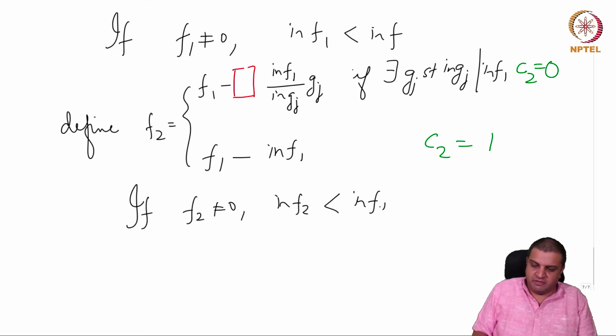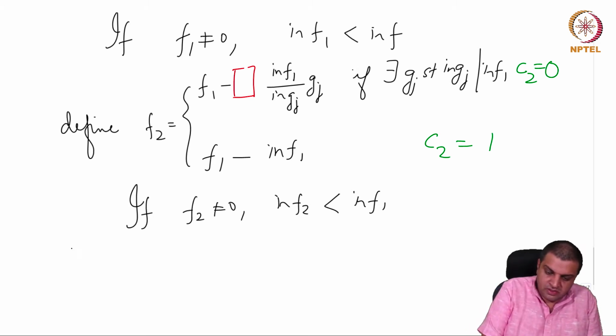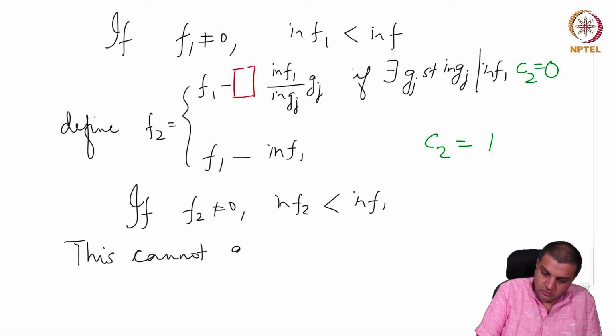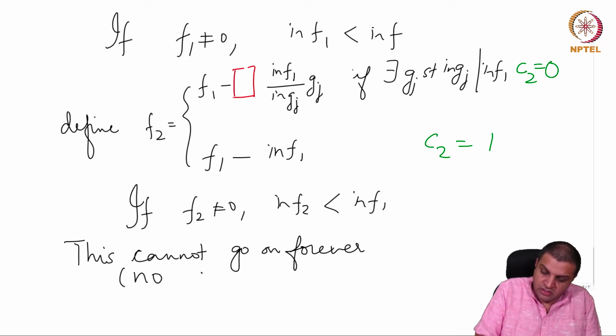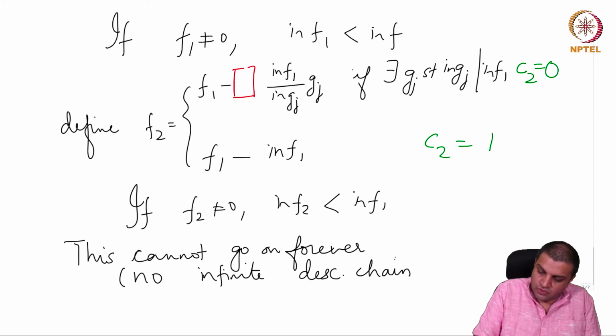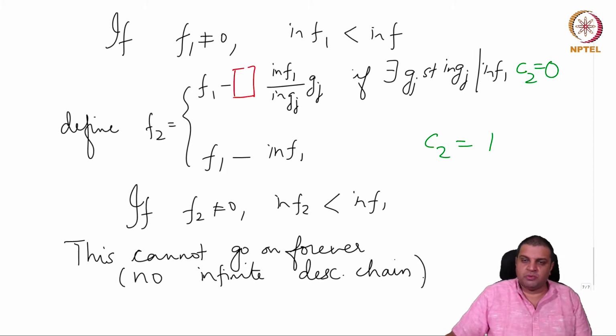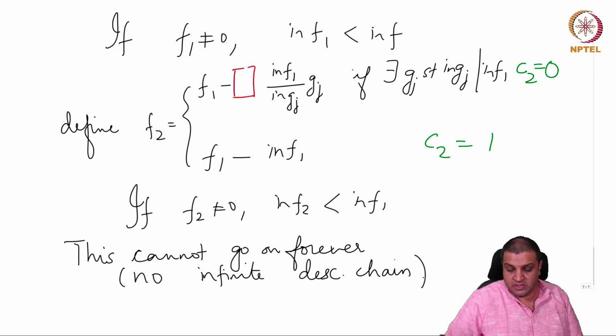This cannot go on forever, because otherwise we would get an infinite descending chain of monomials. This we proved in the course of proving the Hilbert basis theorem. We made this observation. So this cannot go on forever.